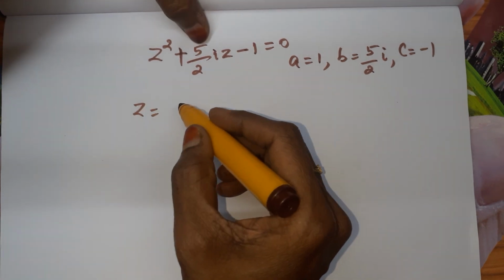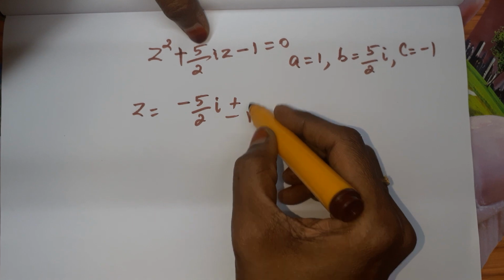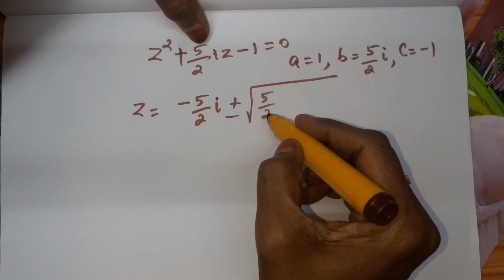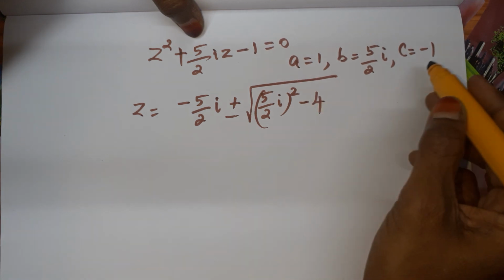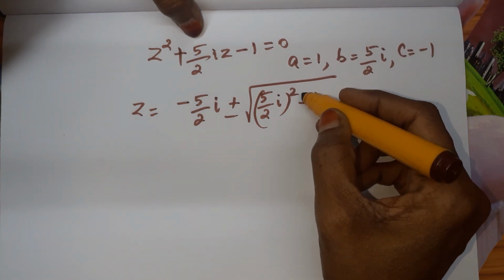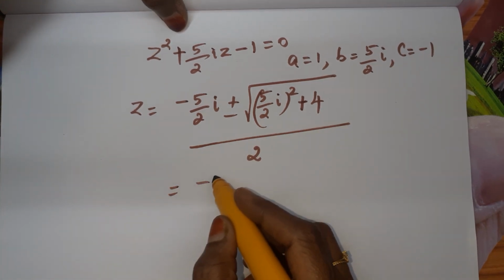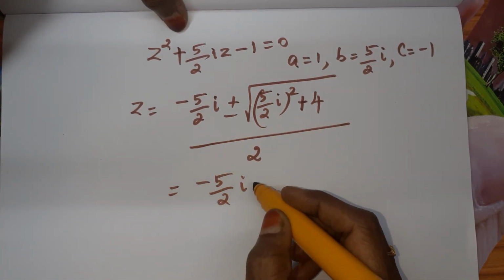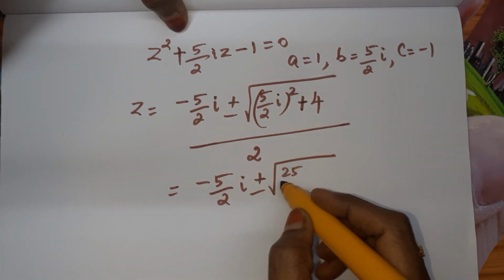So z is equal to minus b, that is minus 5 by 2 I, plus or minus root of b squared, that is 5 by 2 I the whole squared, minus 4 into a into c. C value is negative sign, so it will become plus, by 2 into 1, 2. So minus 5 by 2 I plus or minus root of 5 by 2 the whole square means 25 by 4.